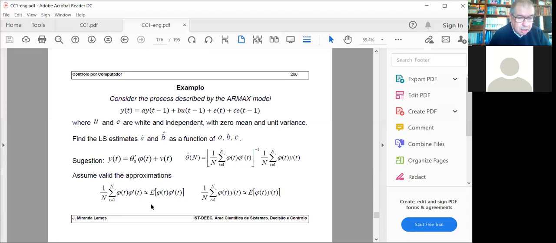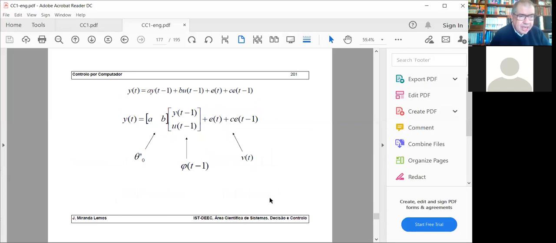So this is a little bit complicated to compute. Okay, but I'm going to introduce this complication; it will be simple to work with later. And also this other term, I approximate it by the expectation of phi y.